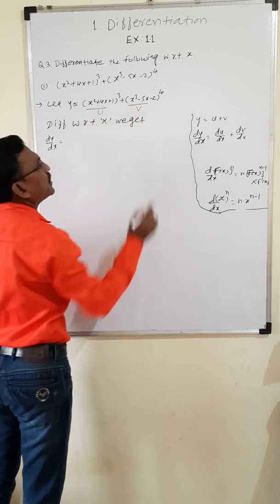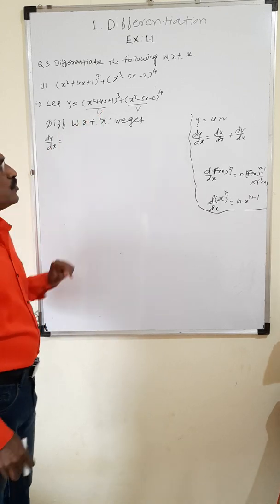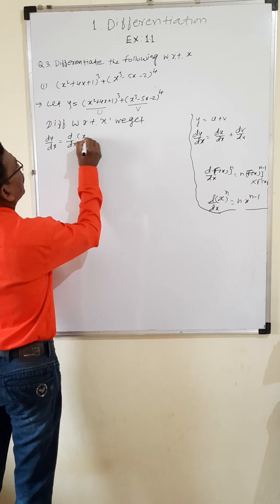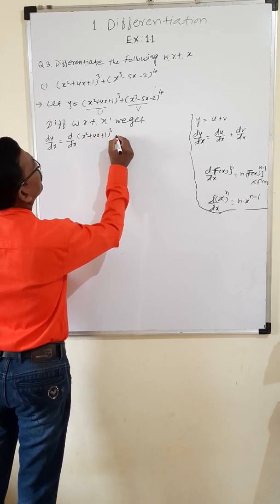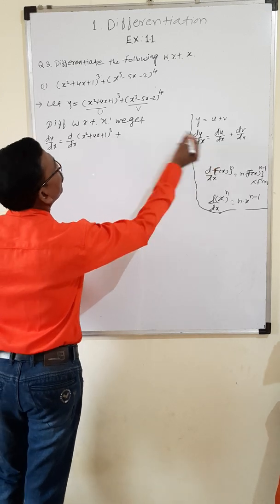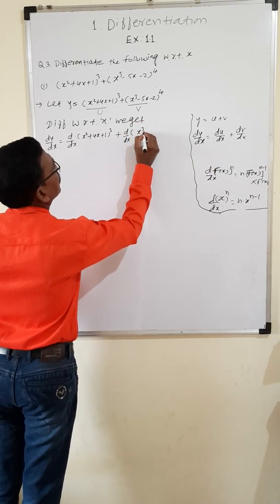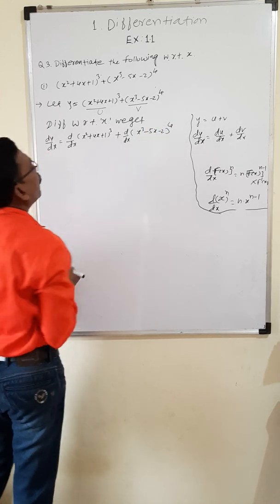First of all, derivative of u, (x square plus 4x plus 1) whole cube, plus derivative of v, (x cube minus 5x minus 2) whole raised to power 4.